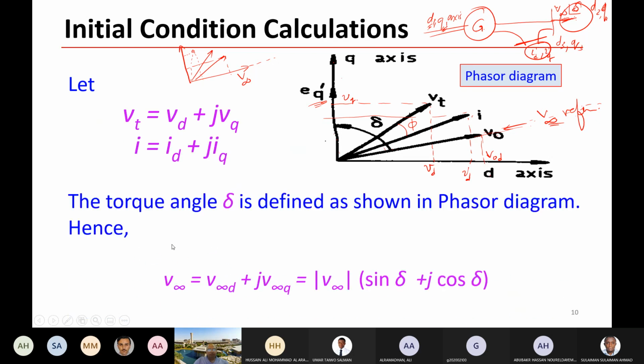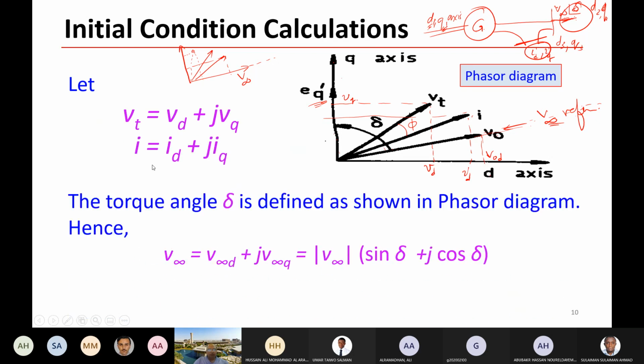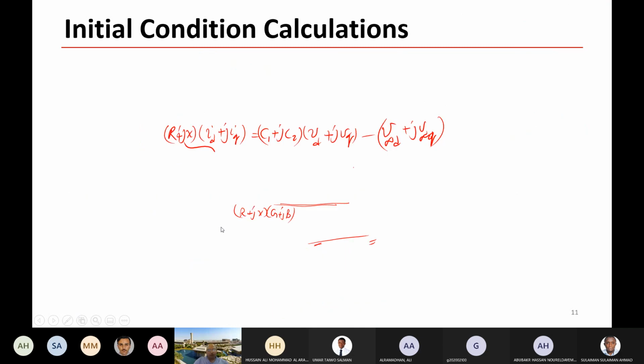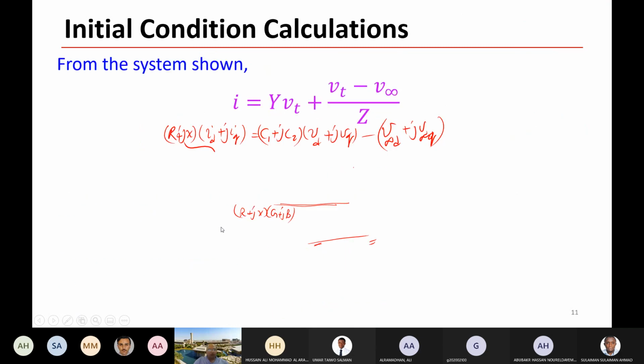So terminal voltage and current are defined as such. And for V infinity, we can also have the projection of V infinity on the D and Q axes. So the machine axes D and Q will be considered our axes here. Delta is the angle defined between Eq prime and V infinity.